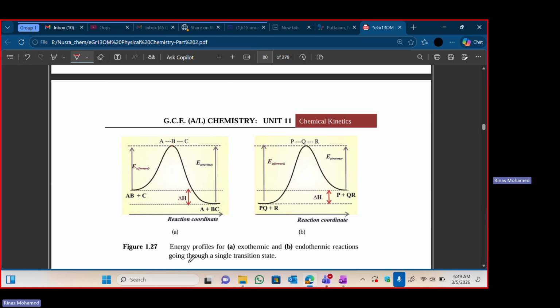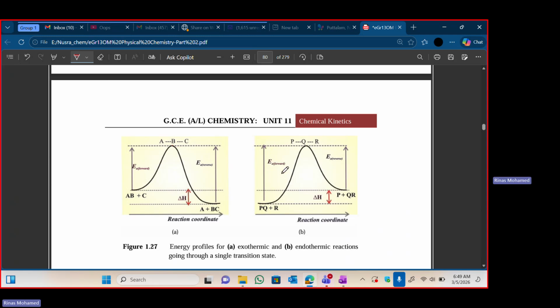For the endothermic reaction's energy profile, here see this endothermic reaction, the products have higher energy than reactants. Now they have marked the activation energy EA forward, capital E with a subscript A within brackets, forward reaction. Here they have denoted EA backward reaction. So the activation energy will be marked from the reactant to the activated state, this length.